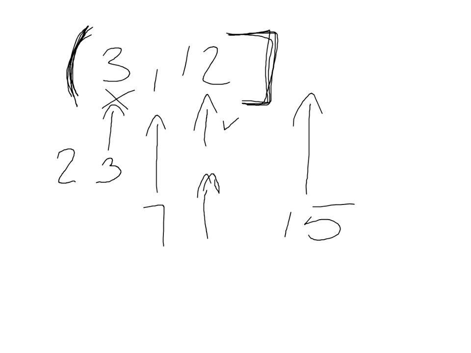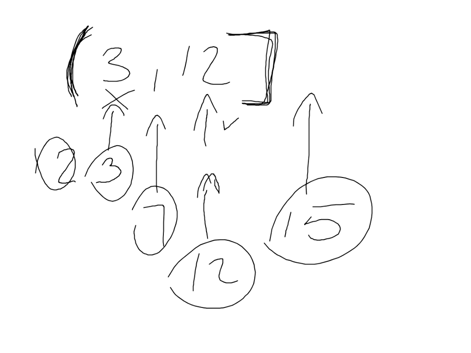Okay, so for this range, if this is my code, I'm testing with 2, 3, 7, 12, and 15. So for one range of operation, I'm testing it with 5 values. And now I can be certain that the code works the way that I designed it.